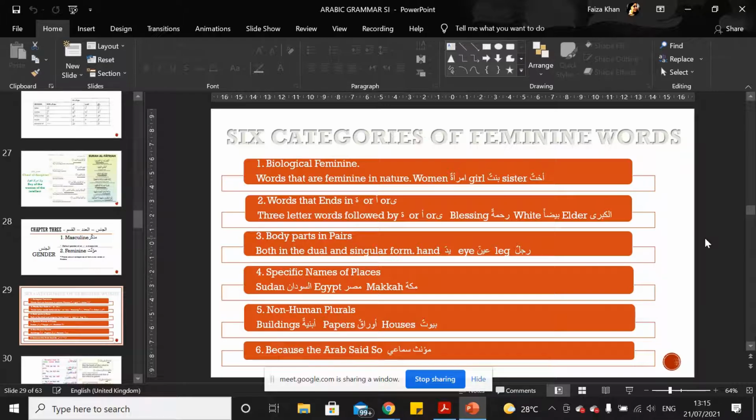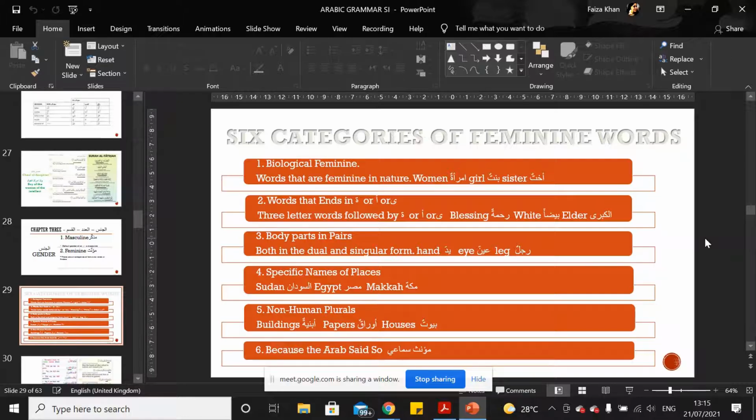Human in Arabic grammar means humans and angels, and whatever else we have is non-human. So when we have a non-human ism in plural form, it is considered feminine.